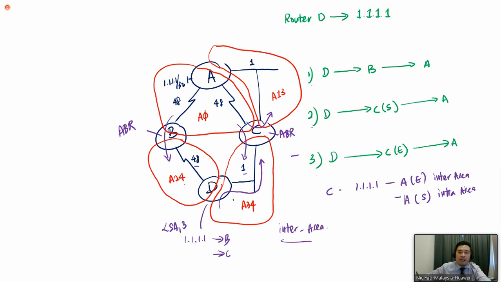It is always intra area. That's why in this case, router C will send the traffic over the intra area path up to router A. So always remember the difference: intra area first, then inter area, and last the external areas.